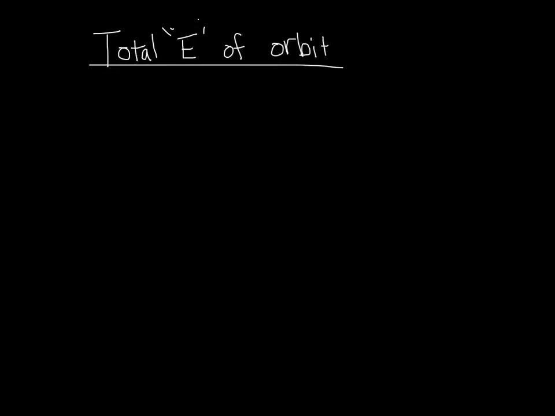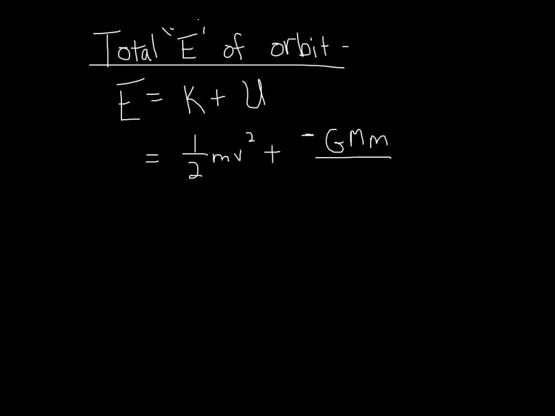So the final point to make is that the total energy of an orbit is going to come from two different types of energies. I can have the total energy equal to K plus U, which is going to be equal to 1/2 mass times velocity squared, the kinetic energy, plus the gravitational energy from being in orbit, which is negative G m times m divided by r.